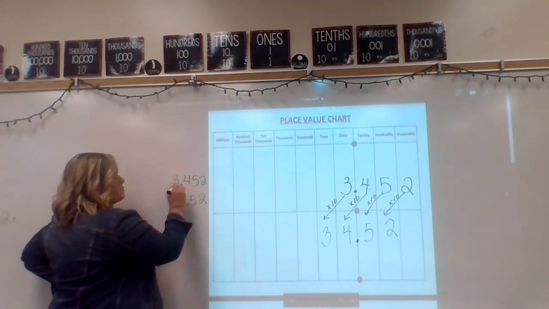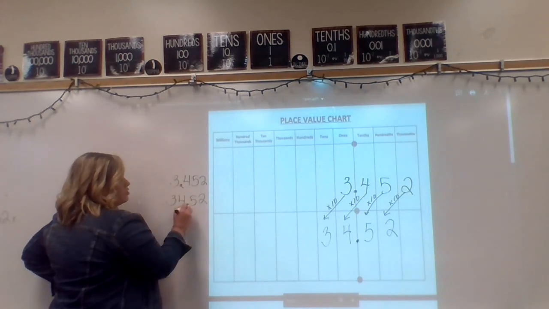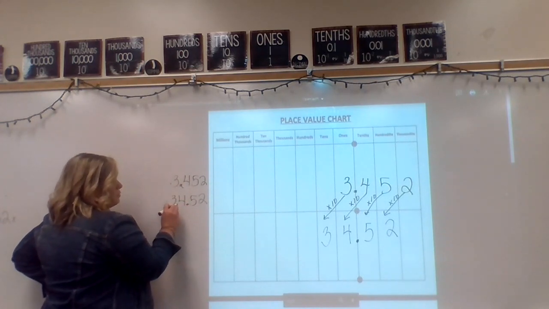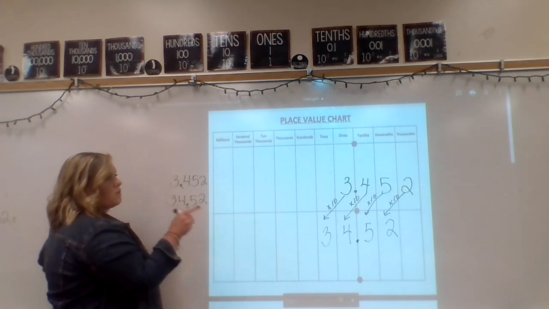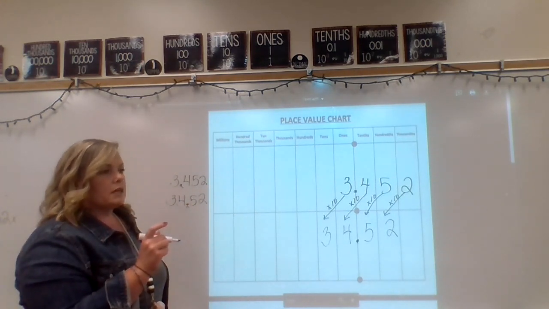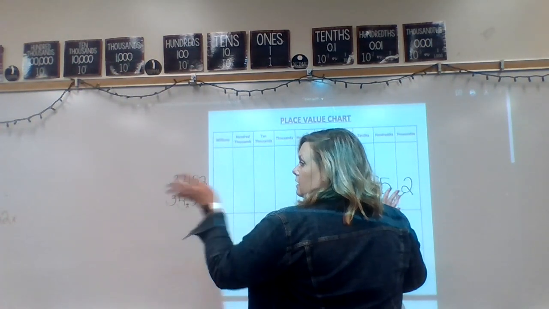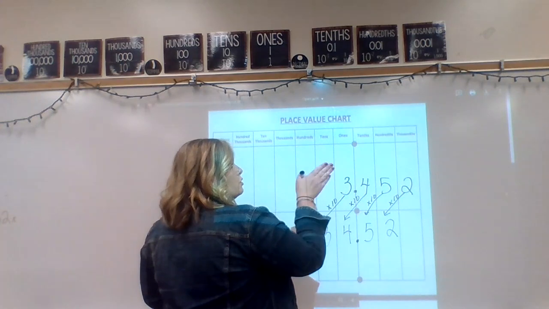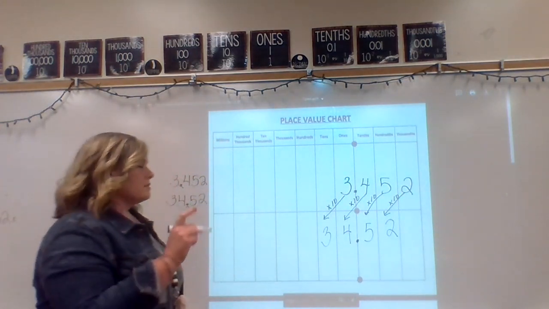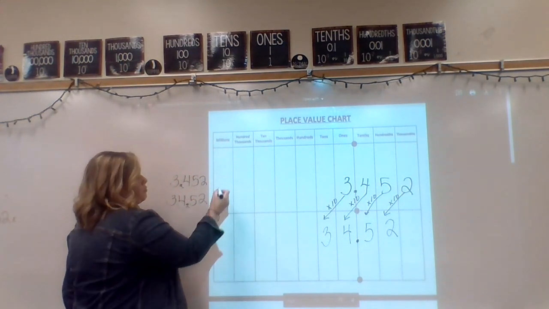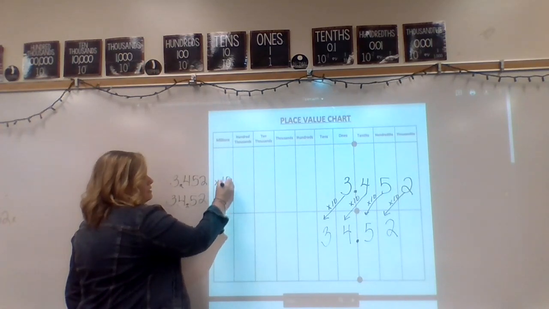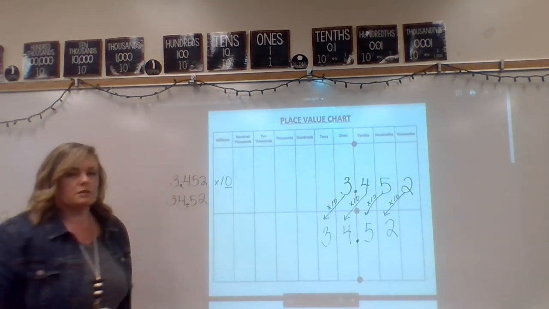Look at what happened with the decimal point. The decimal point actually just moved from in between the 3 and the 4 to in between the 4 and the 5. It moved one place to the right. So when you're multiplying, your digits are going to move to the left and your decimal point will move to the right. How many places is based on the fact that when we multiplied times 10, there was 1 zero.